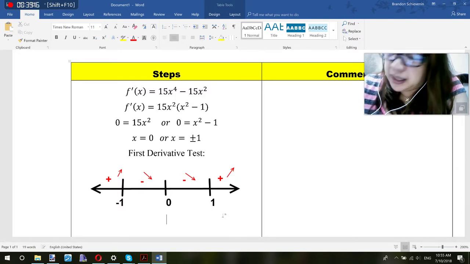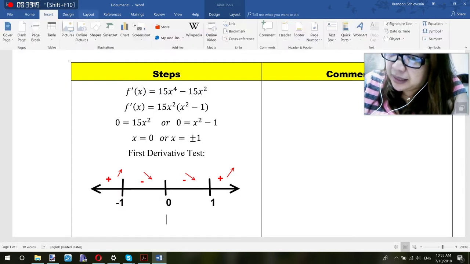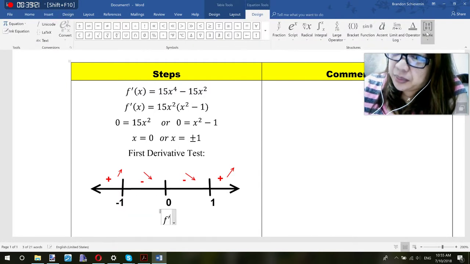It's increasing on a number less than negative 1 and a number bigger than 1.